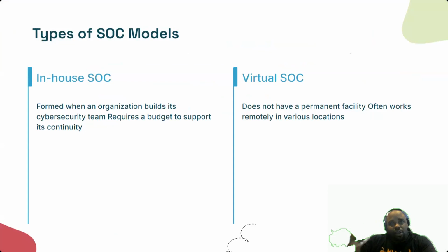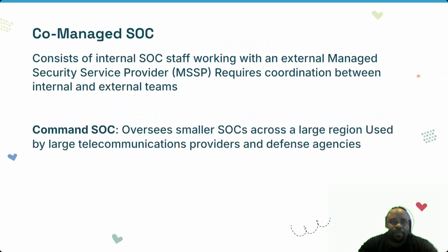I can go downstairs to the SOC, or I have my team there working together in the building, and that's a different type of energy than when you have people working remotely, scattered all over the place. It makes it a little bit harder for them to collaborate. But that might be the model that works for your organization. So either one could work, but it just depends on how your org wants to deploy.